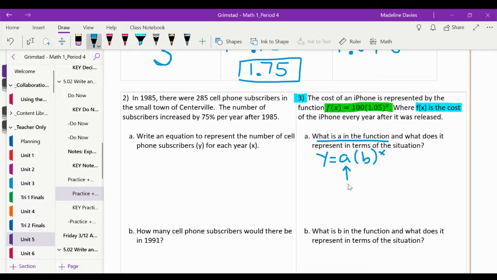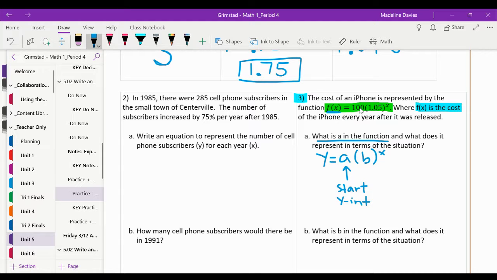And I remember from previous notes that a is our starting value, also known as our y-intercept. And we remember from a long, long time ago that f of x is another way to say y. So we're good here. We have our y. And now I need to figure out what my starting value is, or my y-intercept.